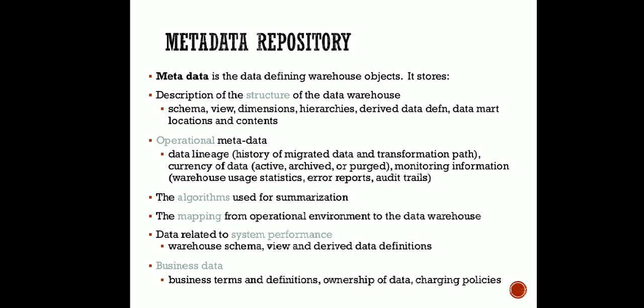This portion is used by this operational database, that portion is used by that one, so that mapping should be there in the metadata repository. Then data related to system performance, that can be warehouse schema, view and derived data definitions, and business data. So these are the contents of the metadata repository.